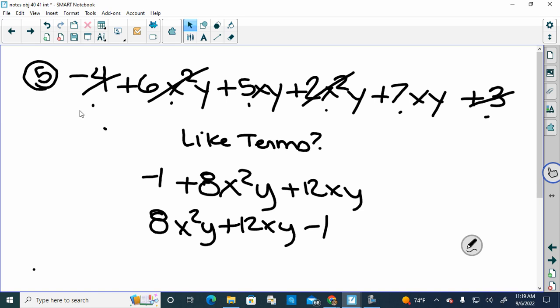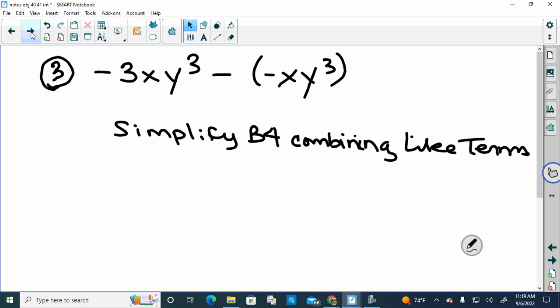You good? I'm only doing 4 with you, so we only have 2 more. Okay. This one's a tad bit different because we've got some parentheses involved now. So a -3xy to the third minus a negative xy to the third.